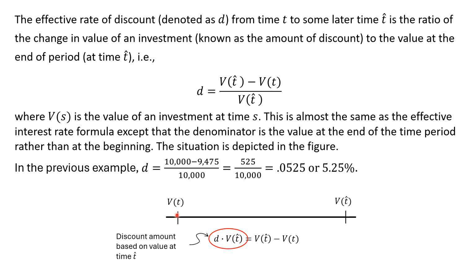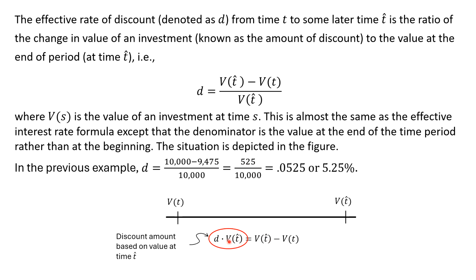And then I have a chart of it here. So this is, just maybe put some numbers here. This is sort of like your $10,000. This is the $9,475 that you get, and then the discount, and just using this up here, if you multiply this on both sides, the discount is just the difference between these two numbers, which would be 525 in this particular example here.